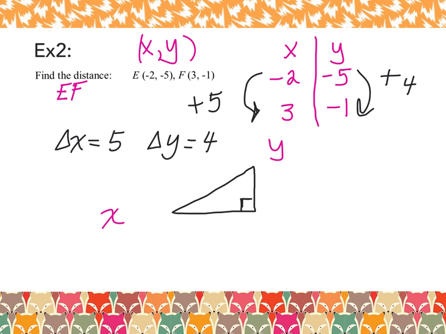Our change in X is going to be down here, and that's going to be 5. And our change in Y will be over here, and that'll be 4. So now, just like we found the distance in the first example, we're going to use the Pythagorean theorem. We're solving for the hypotenuse, so we're going to use a squared plus b squared equals c squared.